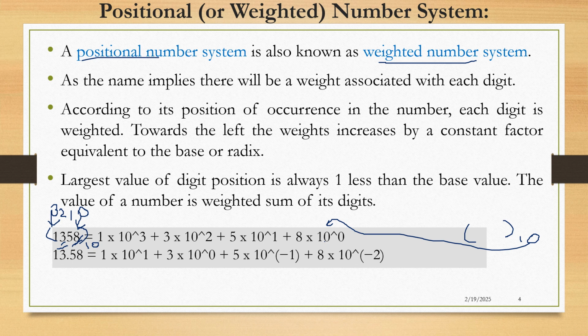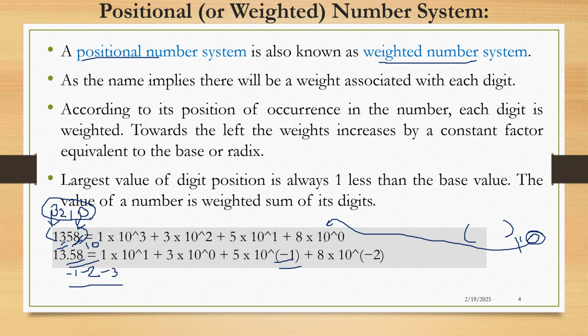So these represent the powers, and the base is 10, and we get the number. Now if there is a decimal point, then the powers become -1, -2, -3.